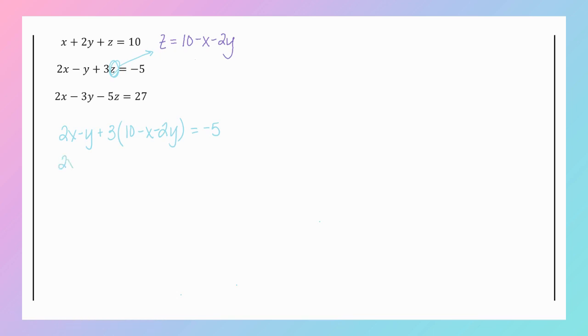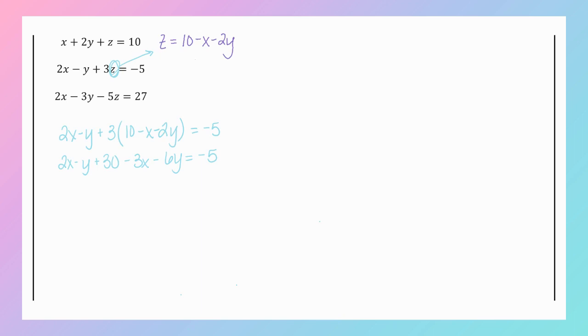So I'm going to start by distributing the 3 that's in front of the parentheses. And I'm going to distribute that to all three things, the 10, the x, and the 2y. And I'm going to pay attention to the signs. So 3 times 10 is plus 30. 3 times -x is -3x, or minus 3x. And 3 times -2y is -6y.